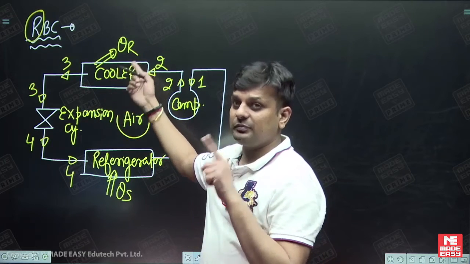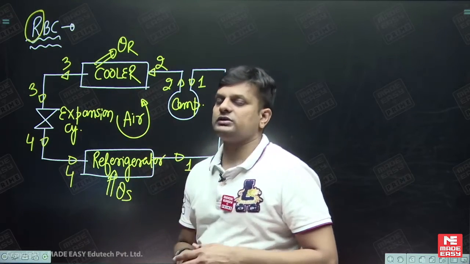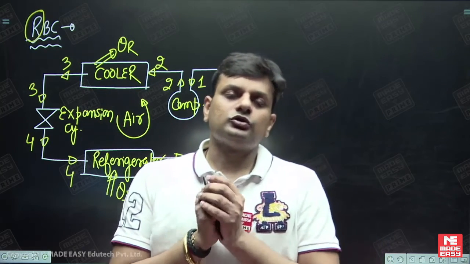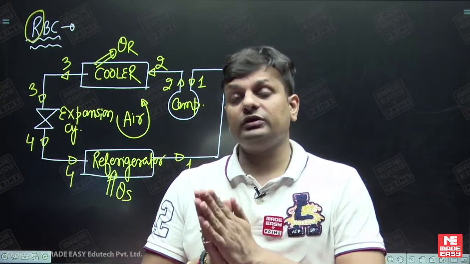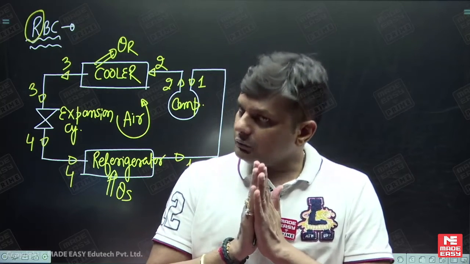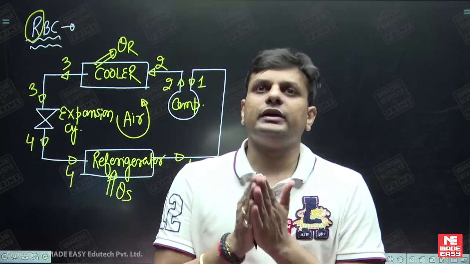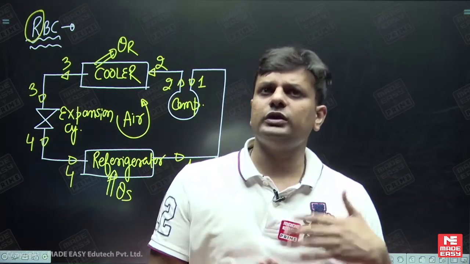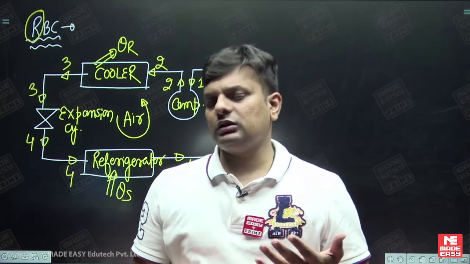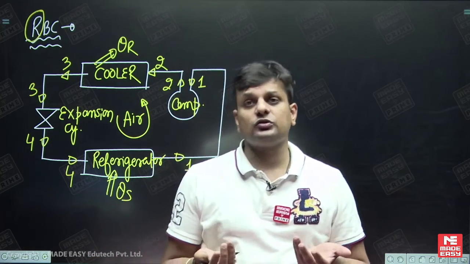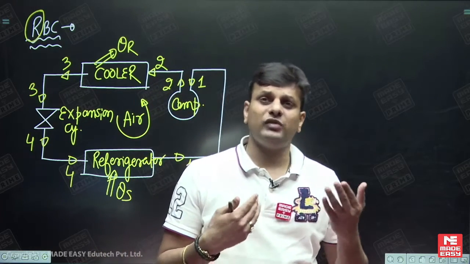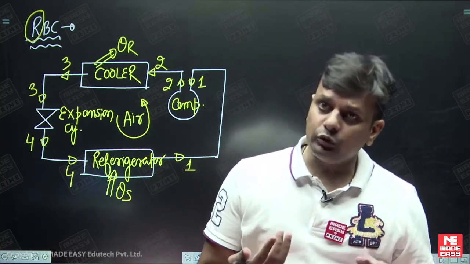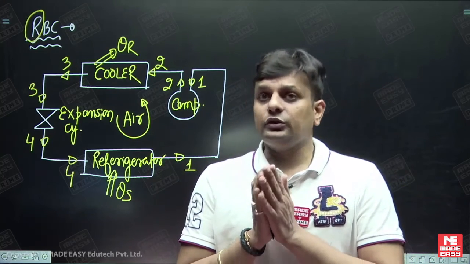So the condenser is replaced with the cooler and the evaporator is replaced with the refrigerator. Condenser and evaporator are terms related mostly to phase change. Okay, I am not saying that superheating cannot be achieved in the evaporator, or subcooling cannot be achieved in the condenser. In fact, we have already solved so many questions related to wet compression and subcooling in your class itself.